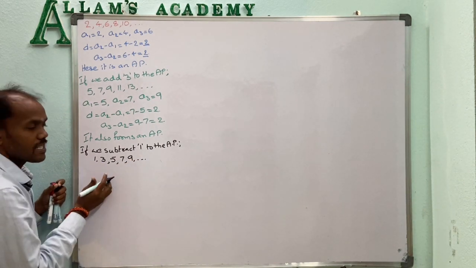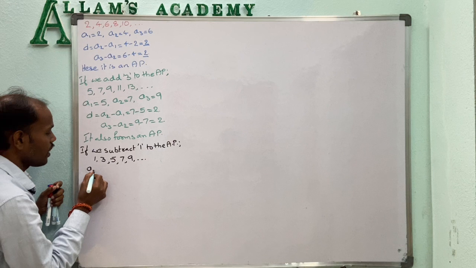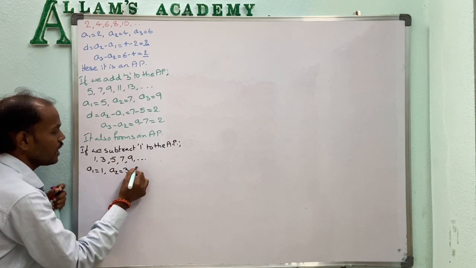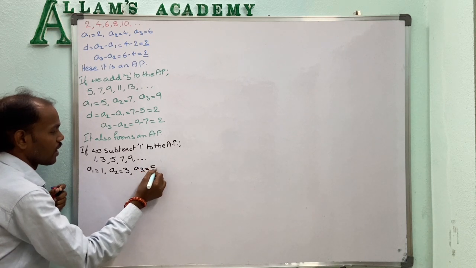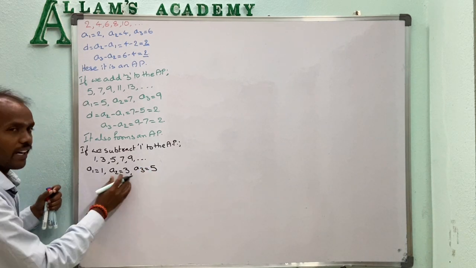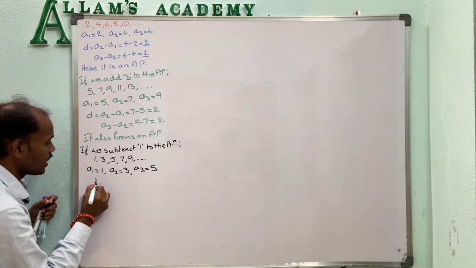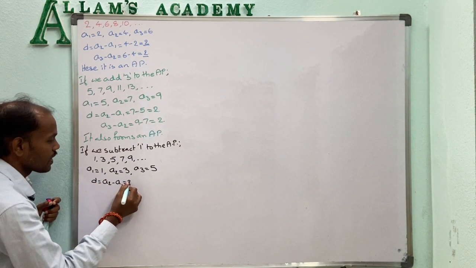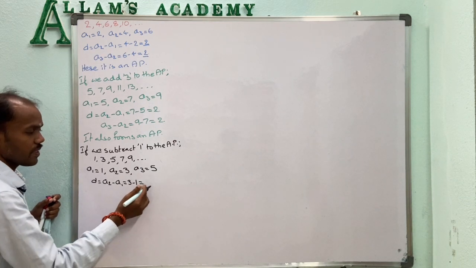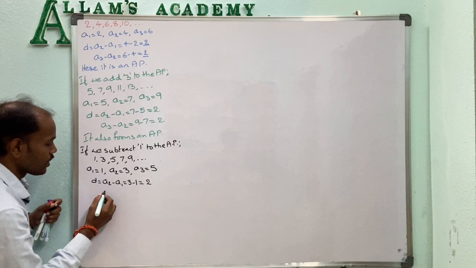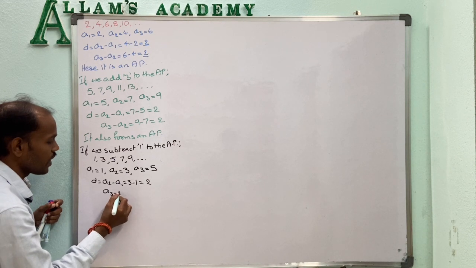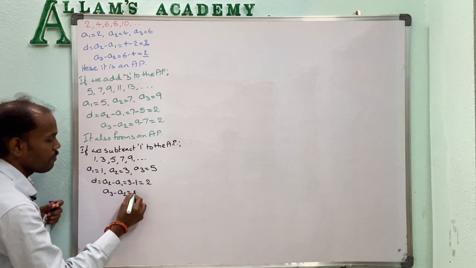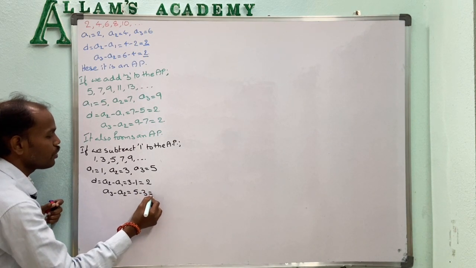Now in this series, the first term A1 is 1, the second term A2 is 3, the third term A3 is 5. Now finding the common difference, D equals A2 minus A1, that is 3 minus 1, which is 2. Next, A3 minus A2, 5 minus 3, is 2.